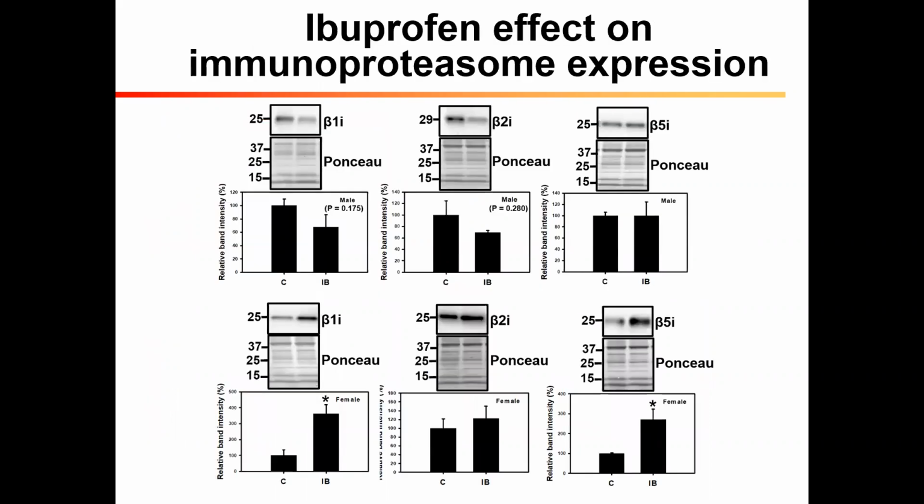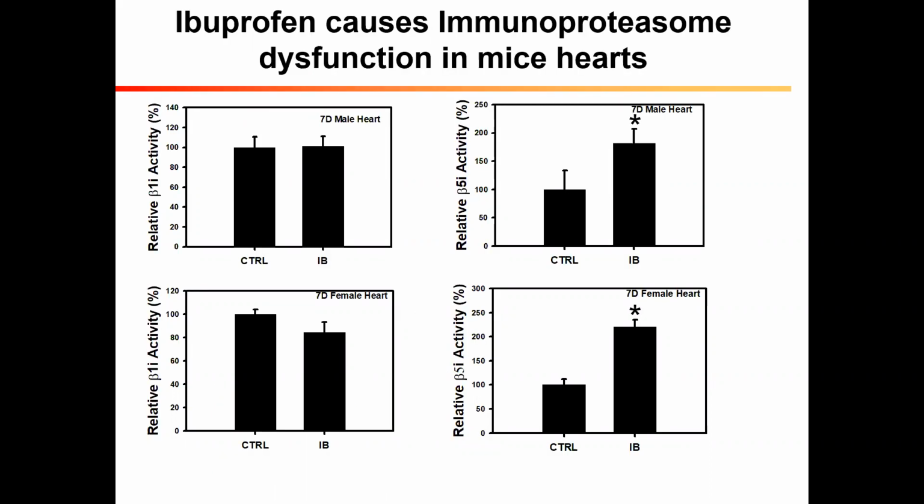But when we look by Western blotting, you can see that only in the females it increased. But when we look at activity, our lab is just one of 3 labs that can measure activity of the immunoproteasome. We found that even though the amounts were different between males and females, the activity was very similar. The beta-5i was upregulated in both males and females.